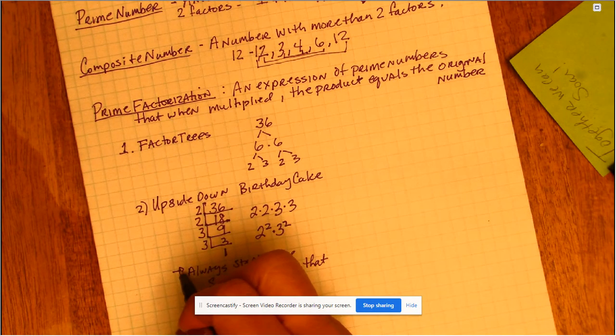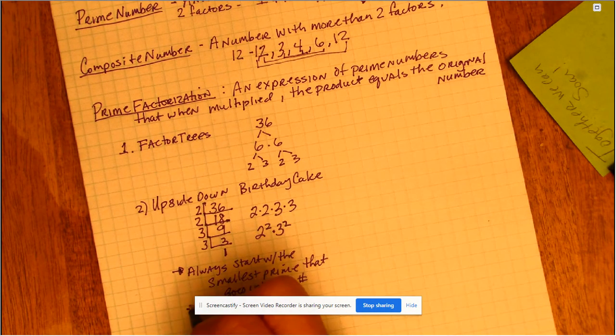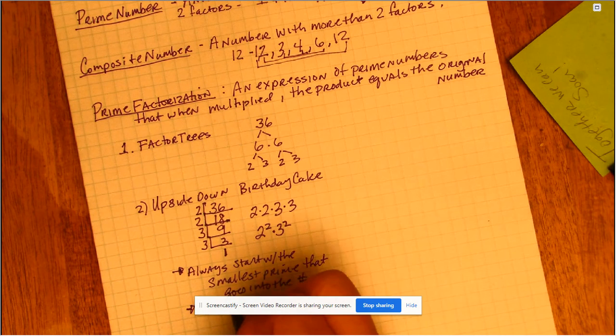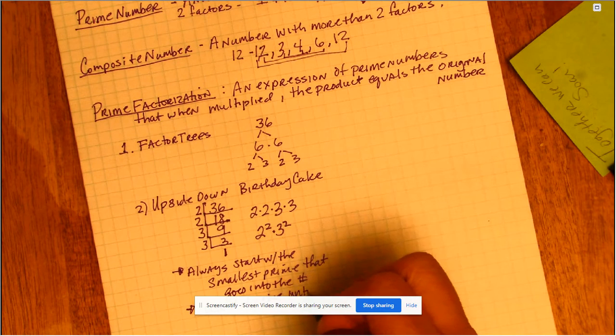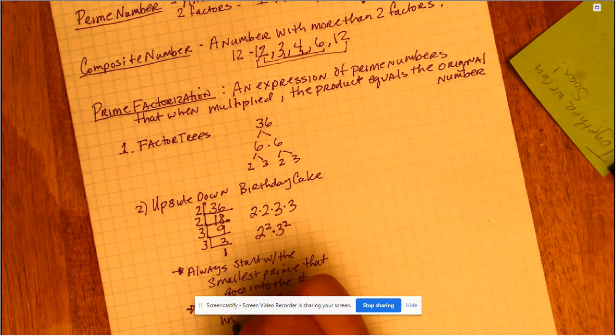Right? That's where we want to start. And use that prime number until it no longer divides evenly.